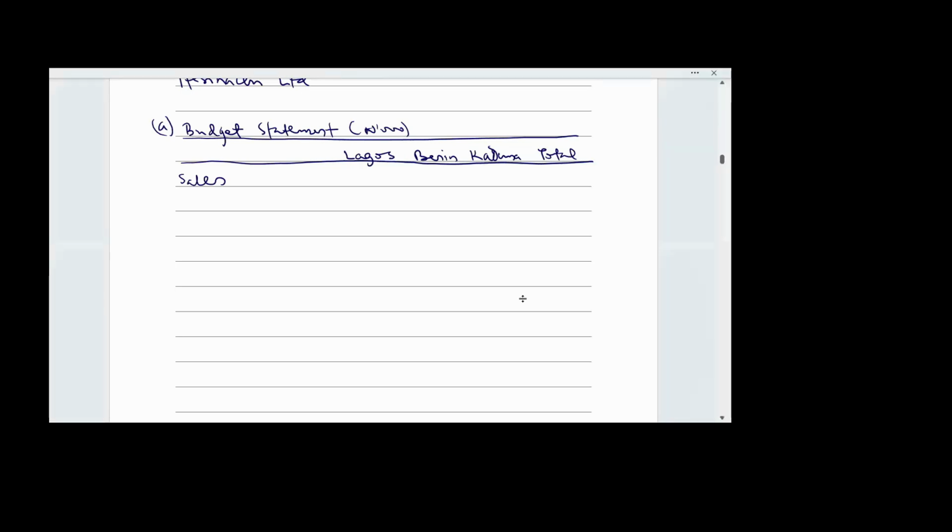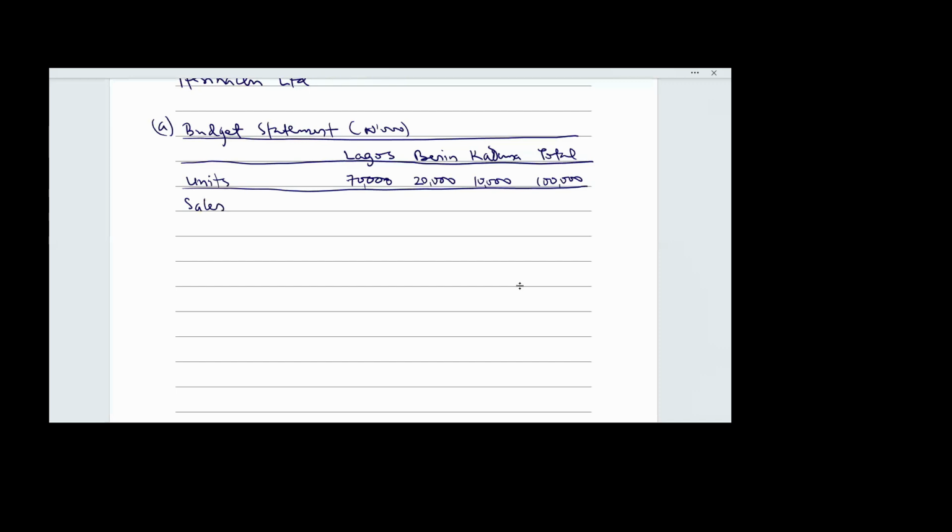Before the sales, we need to consider the activity level, or simply put, units. So Lagos is 70,000, 20,000 for Benin, then 10,000 for Kaduna, 100,000 for the entire organization. So I can then say sales.